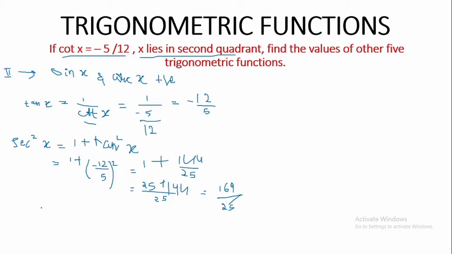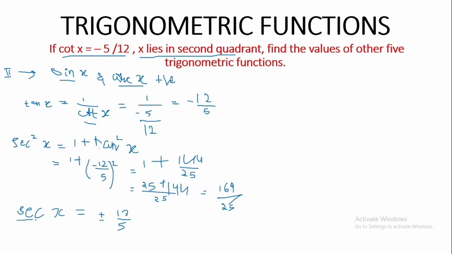To find the value of secant x, we have to take the square root. So secant x is equal to the square root of 169 divided by 25. We know the square root of 169 is 13 and the square root of 25 is 5. So this would give us plus or minus 13 by 5. We know that in the second quadrant only sin x and cosecant x are positive. So all the other trigonometric functions are negative in the second quadrant.